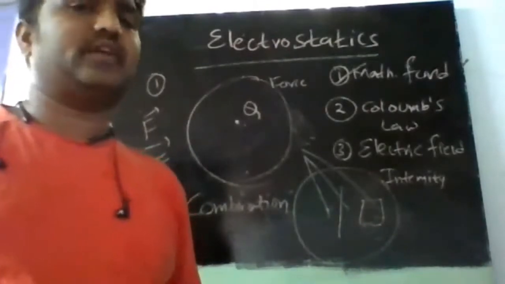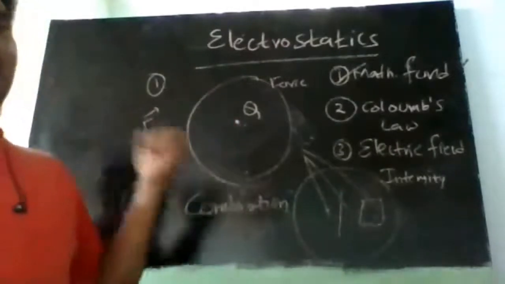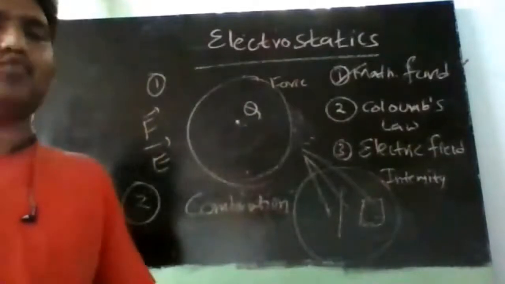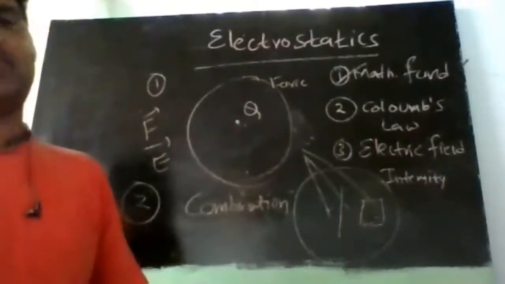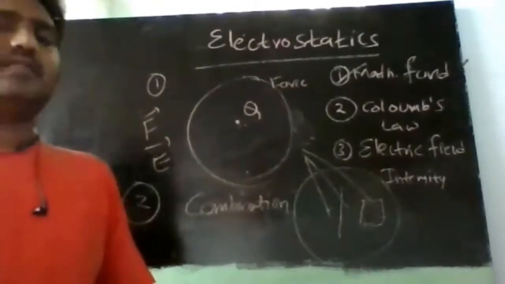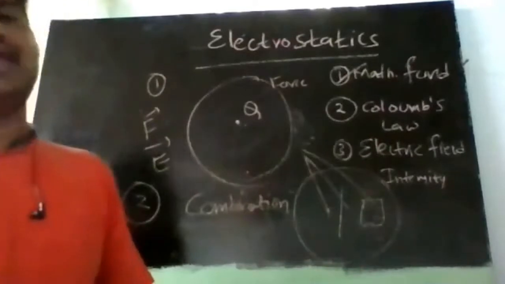What are the two main limitations? The first limitation is that the calculations done by Coulomb's law will be accurate only for point charges. For a line charge and for surface charges, whatever value of E bar or force you calculate will not be accurate.